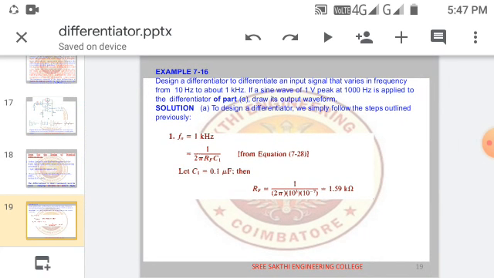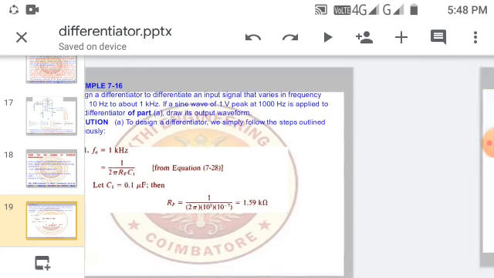With the calculation of FA and FB, I can calculate the value of the resistor by considering C1 as 0.1 microfarad, or 0.01, or 1 microfarad. You can take any of these values since the capacitor value is not given. So here let us assume C1 equal to 0.1 microfarad and I calculate the value of RF.